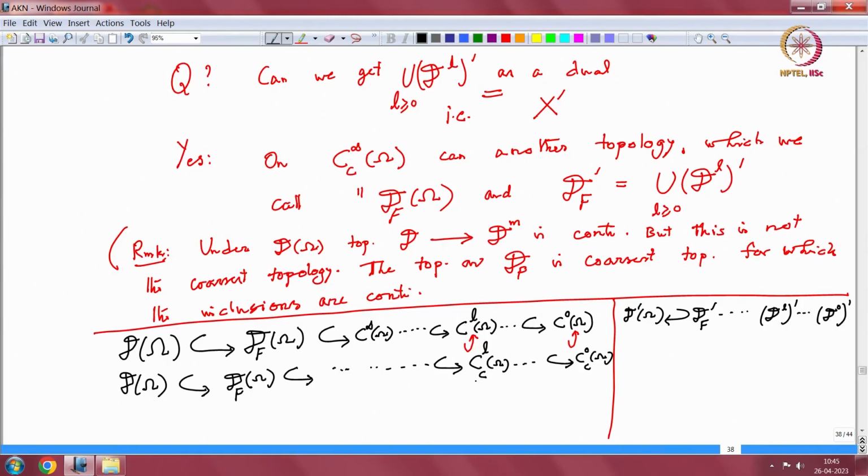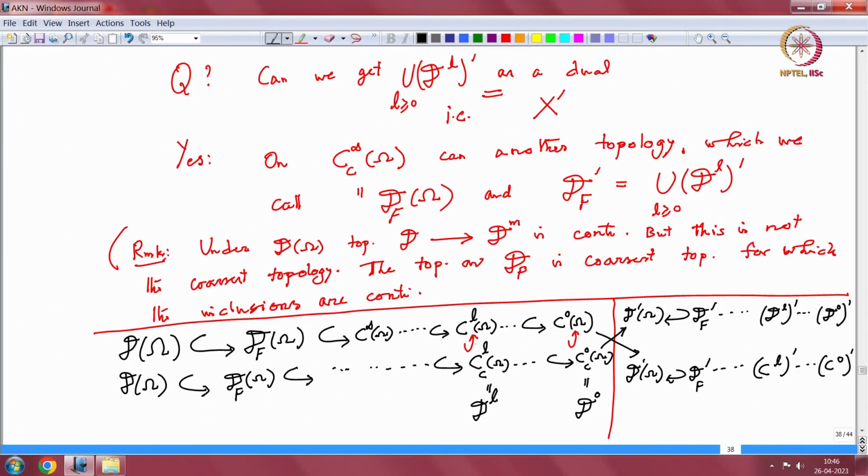So, this is the dual I have taken. If I take my dual there, I get D prime of omega, then D_F prime of omega, and going like that I get C^L without compact support dual, and C_0 dual. So, you have all the inclusions here.